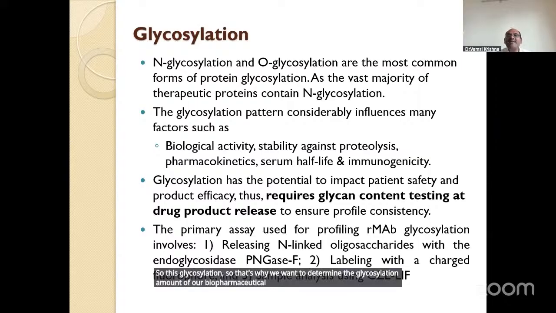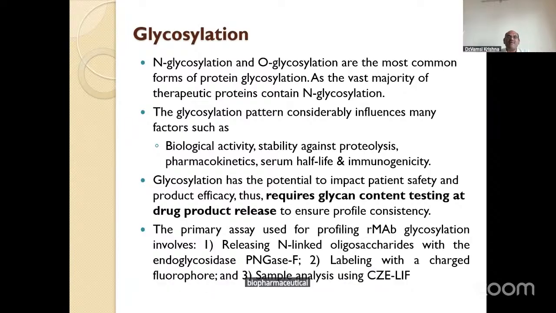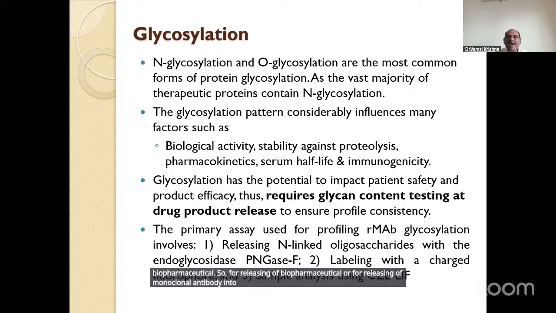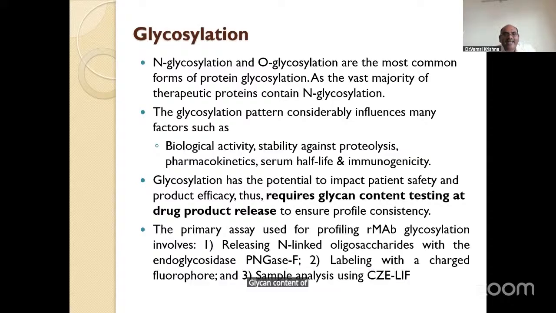For determining this, we are going to determine the glycan content of the biopharmaceutical. For releasing a monoclonal antibody into the market, before batch analysis in the quality control test, we need to perform glycan content analysis of the monoclonal antibody or other protein or peptide formulation.